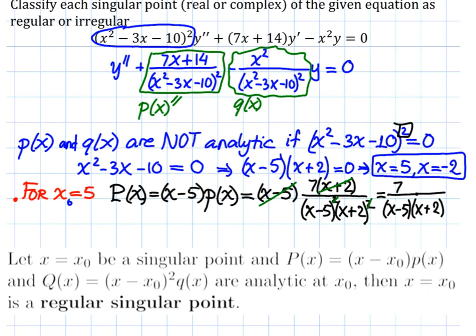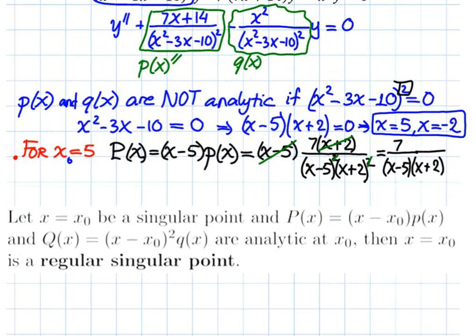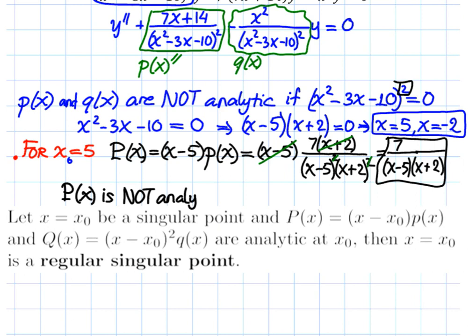Now, what we see here is if x equals 5, we look at this function, and it is undefined. So capital P of x is not defined, or not analytic, at x equal to 5.